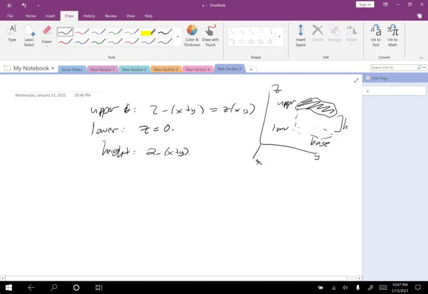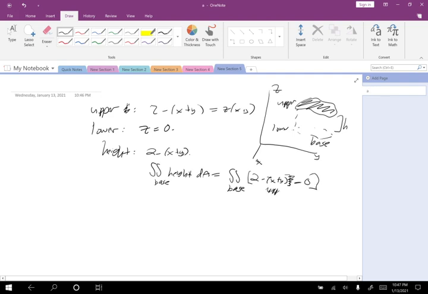Okay. So our integral will roughly look like the integral over our base times our height. And so all we need now is the base, because we have our 2 minus x plus y. And of course our minus 0.